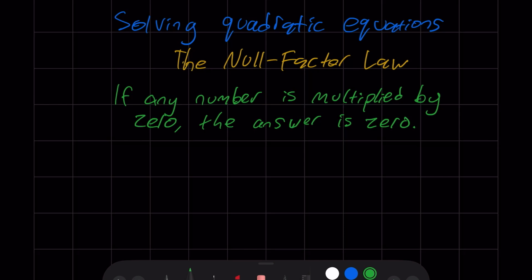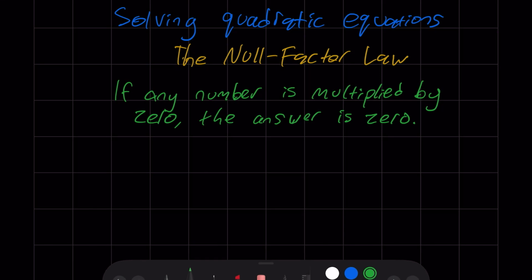So the null factor law: if any number is multiplied by 0, the answer is 0. That is the basics of that law. How that helps us is with these quadratic equations that have been factorized, as we showed before.